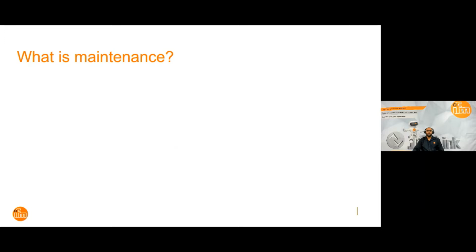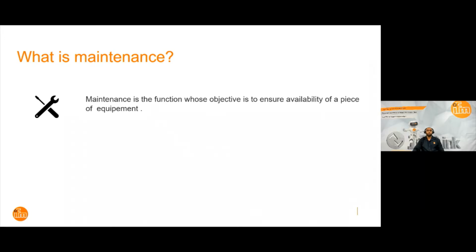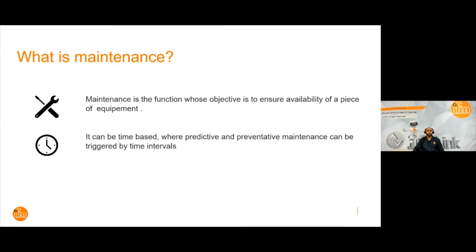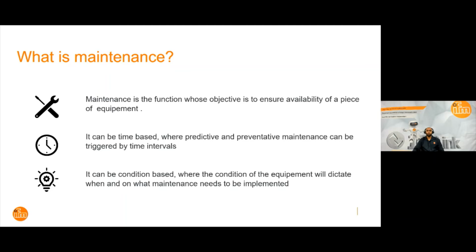So what is maintenance? Maintenance is the function whose objective is to ensure the availability of a piece of equipment. It can be time-based, where predictive and preventative maintenance can be triggered by time intervals, or it can be condition-based, where the condition of the equipment will dictate when and on what maintenance needs to be performed.